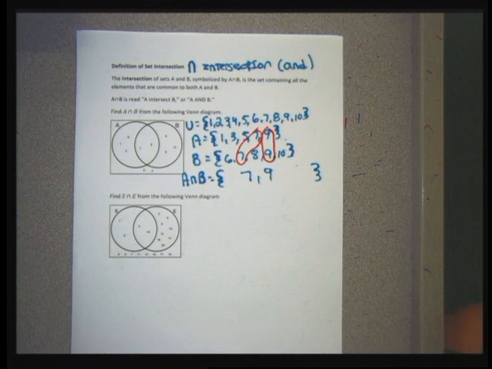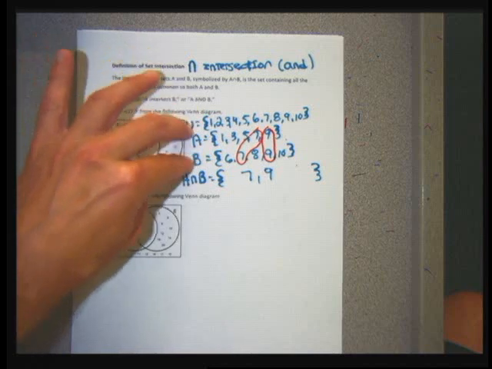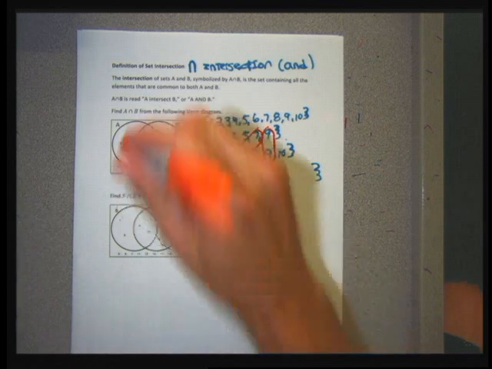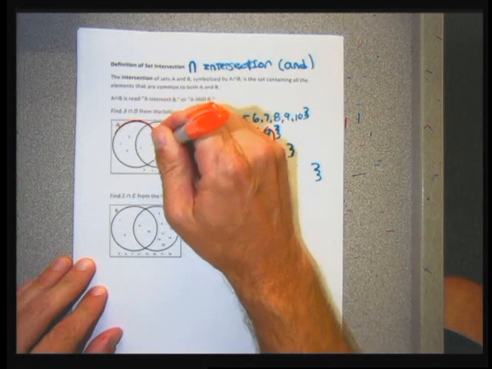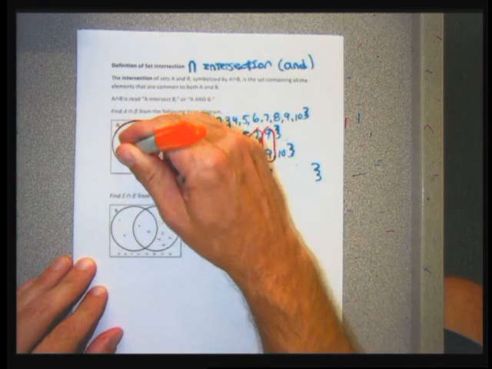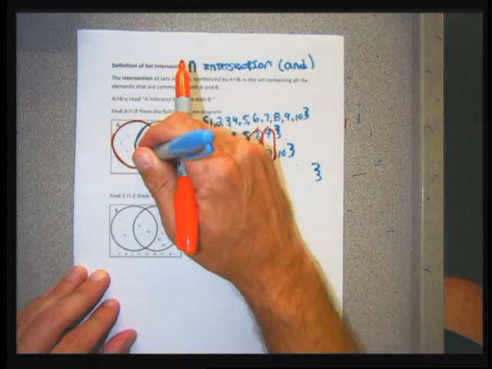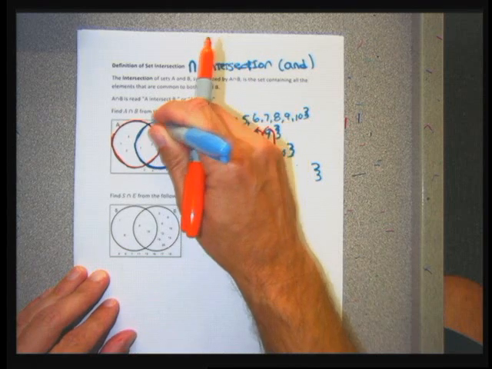Pictorially, if I didn't want to take the time to write down my universe, my set A and my set B, I can still find what A intersection B contains if I know the region of the graph that's being looked for here. If I look at my picture, I have an A circle and I have a B circle. And if you notice, those circles intersect.